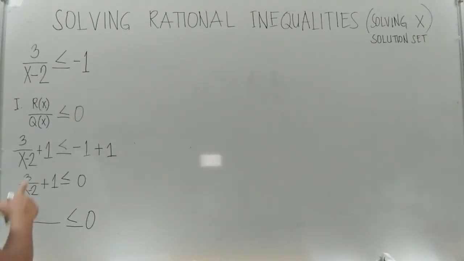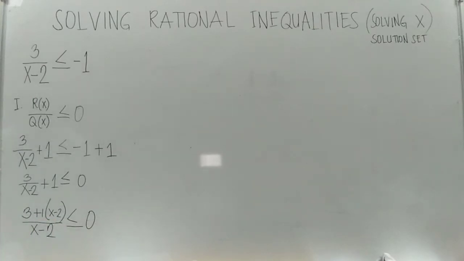The denominator of 3 is x minus 2. Or let us say that we have to put your inequality or expression in here on a single denominator. Then plus 1 here, this number 1 times the quantity of x minus 2.